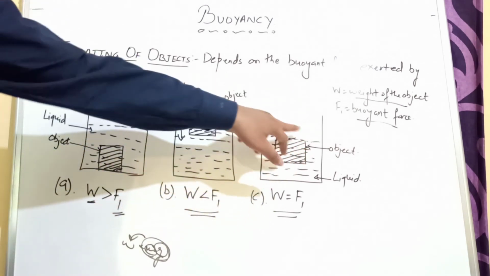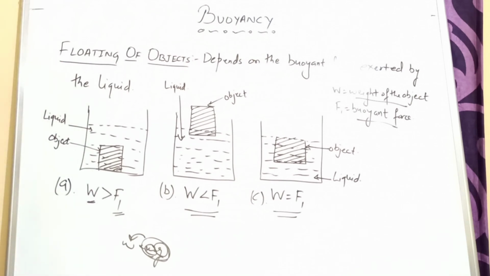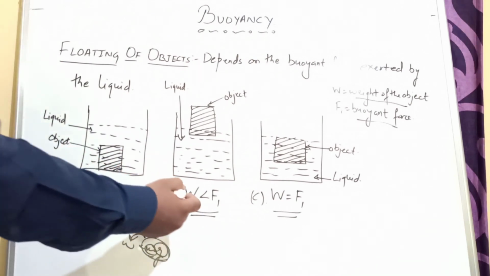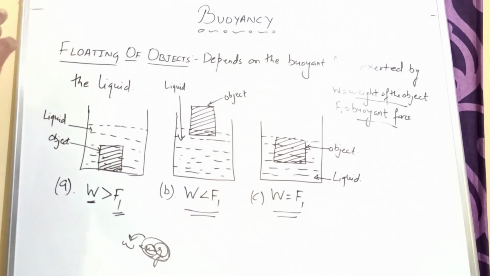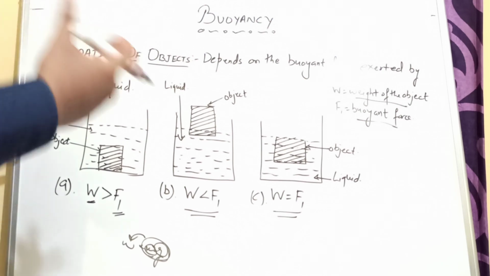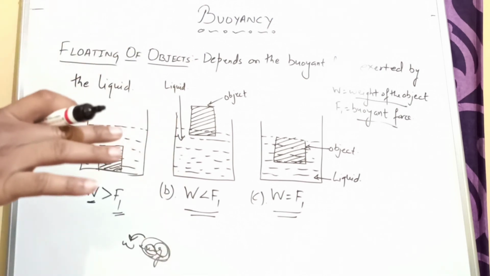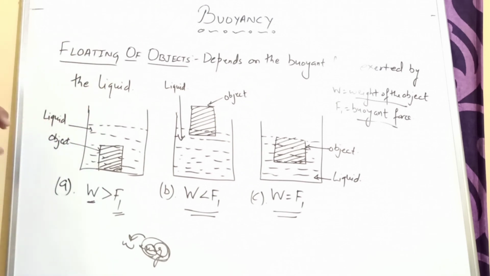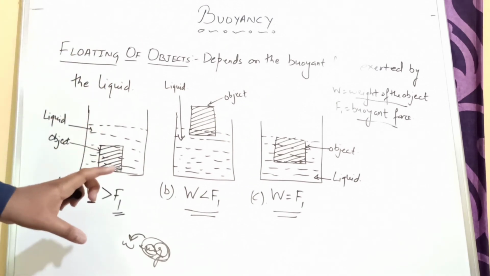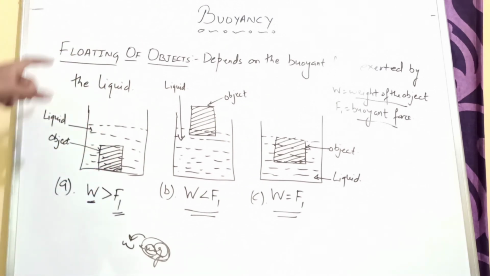So by knowing just the weight of the object and the buoyant force exerted by the liquid, you can easily tell whether the object will sink inside the liquid or float on it. Clear? This is a very simple experiment and it is very useful for deciding. So this is all about the floating of objects.